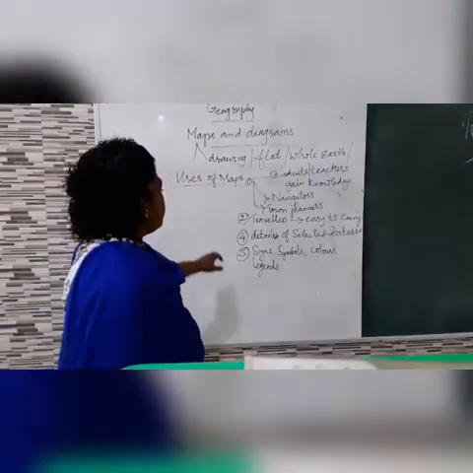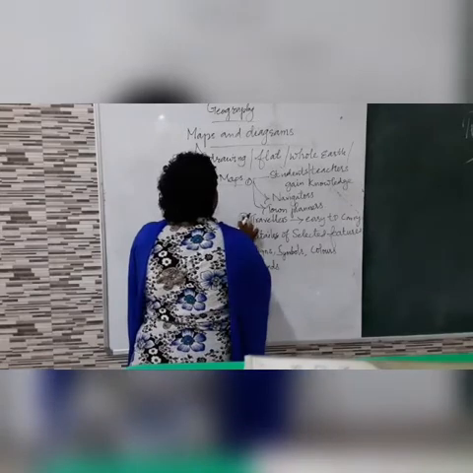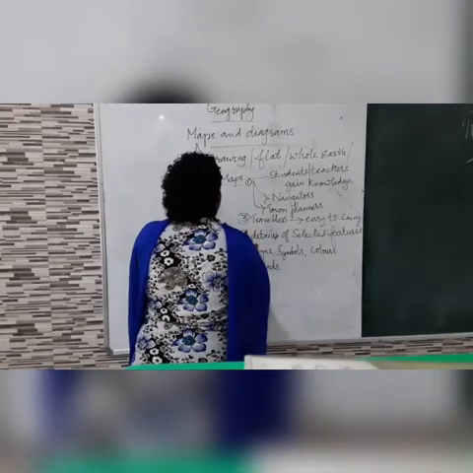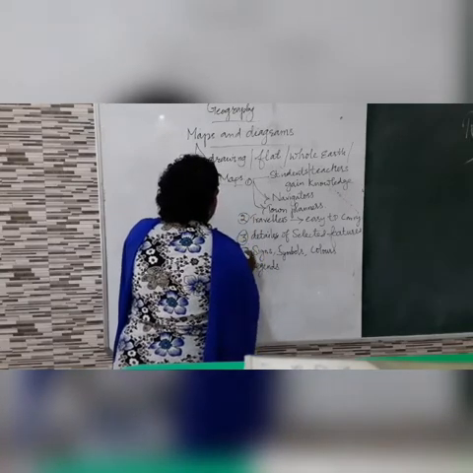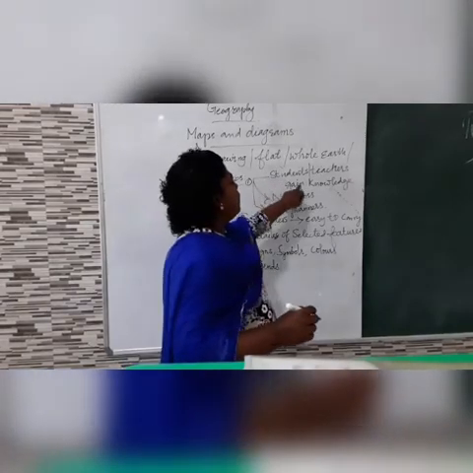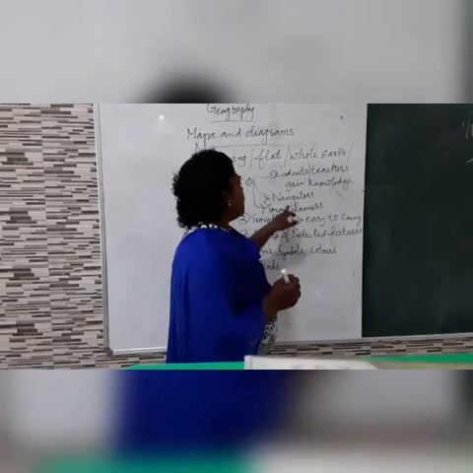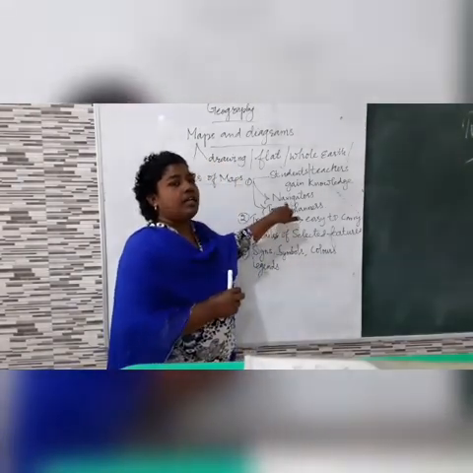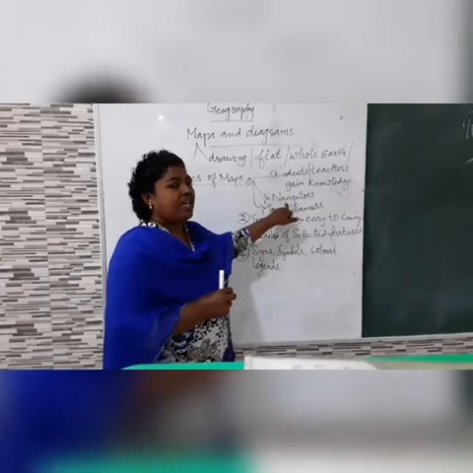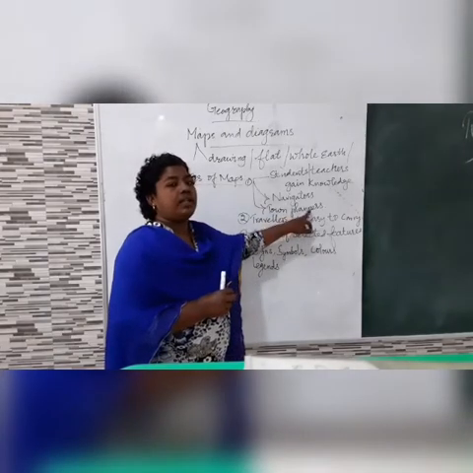Now we have seen there are four different uses. What are the four different uses? The first one is, it gives knowledge to the students and the teachers. It is also useful for the navigators to navigate the lands and see the directions, and it helps the town planners, those who are planning the town.